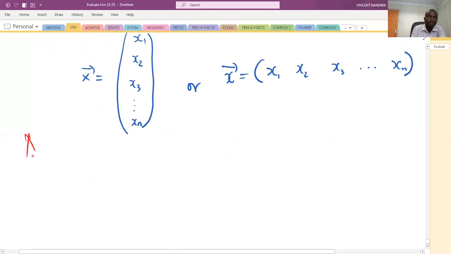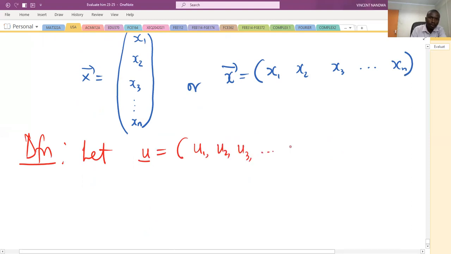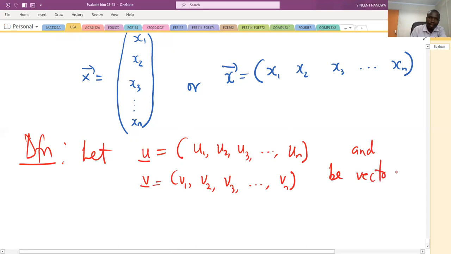So, definition: let U be given by U1, U2, U3 up to Un, and let's have vector V, V1, V2, V3 up to Vn, be vectors in Rn.